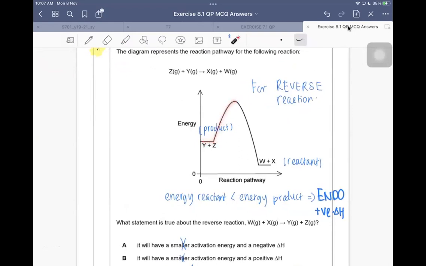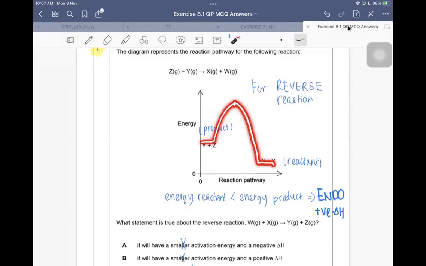You started at a certain energy here, and then you overcome the activation energy. So that's your activation energy. Once your molecules have overcome this activation energy, they will react and turn into products.